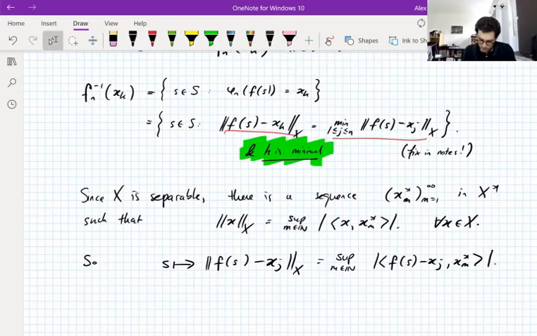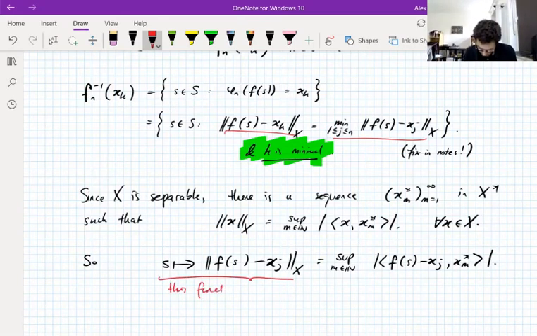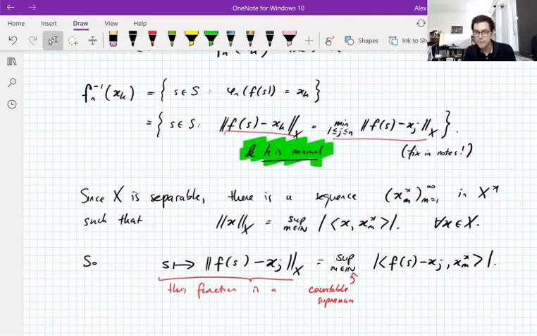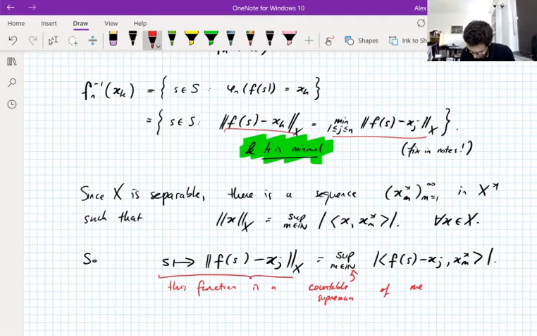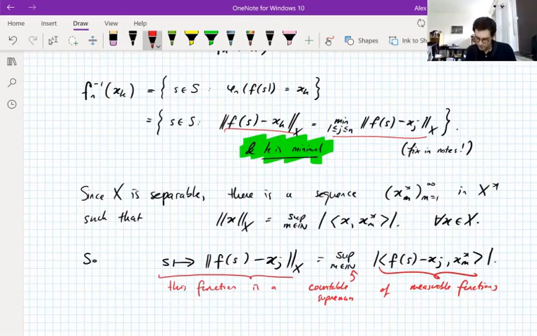So you can write this function as a countable supremum, because this is a supremum over natural numbers of measurable functions. These functional pairing functions are measurable because f is weakly measurable by assumption. So this function on the left that you want to show is measurable, you can reduce it down to these pairing functions and use weak measurability, also using the separability.